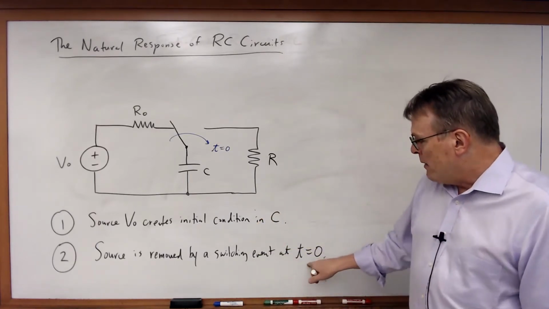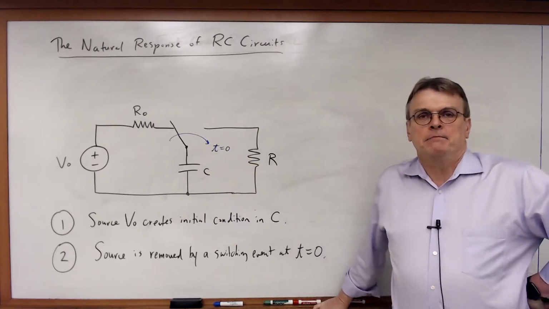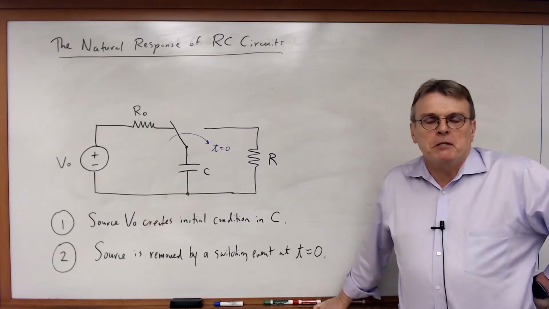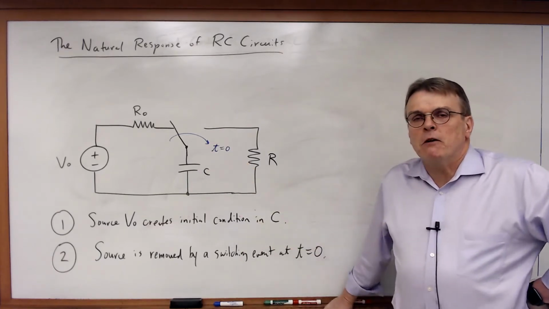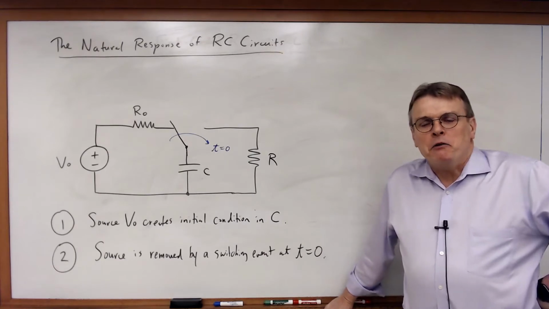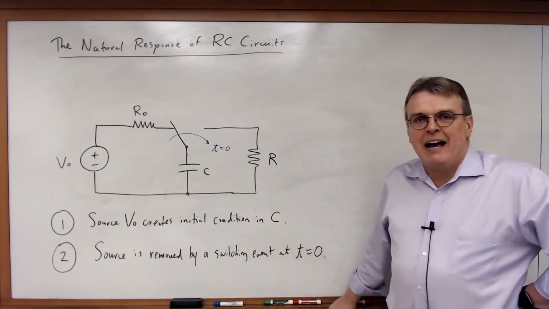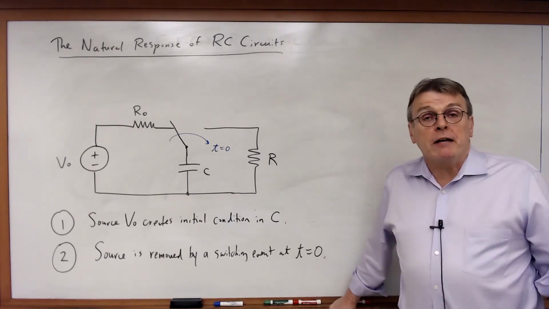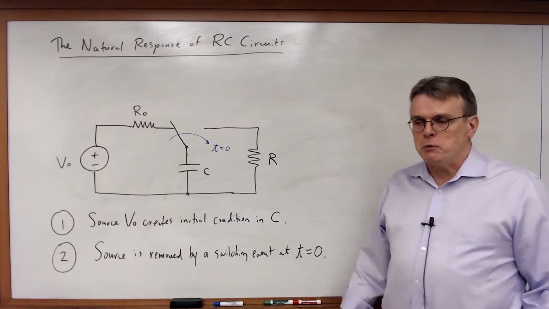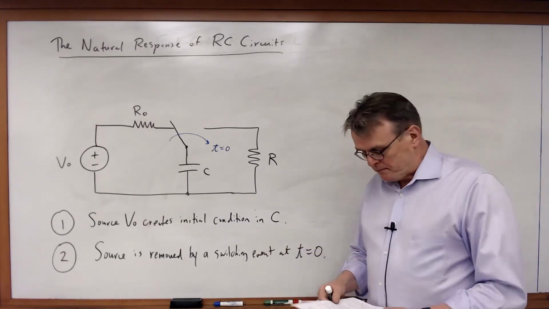Now, I want to emphasize, I could make my switching event happen at any time. The math would be essentially the same. The difference is by using t equals 0, I am making my numbers a little bit easier to handle. So this could be any arbitrary time when the switching event occurs, but in just about every case, we're going to use t equals 0 as we go through this material, just because that makes things a little bit simpler for us.